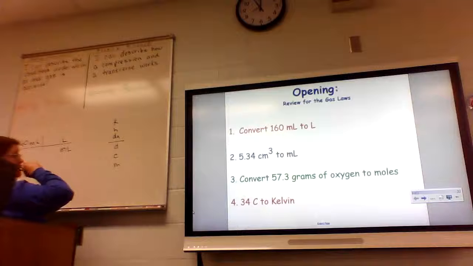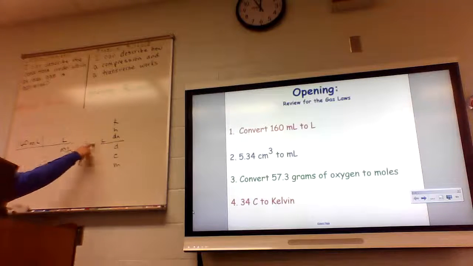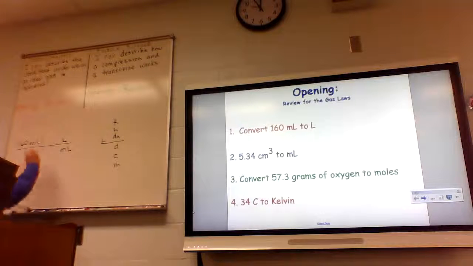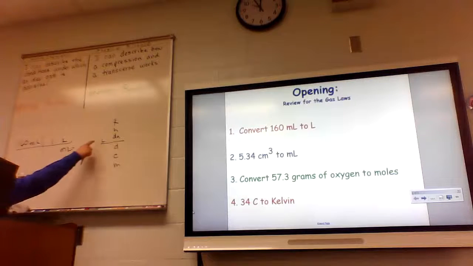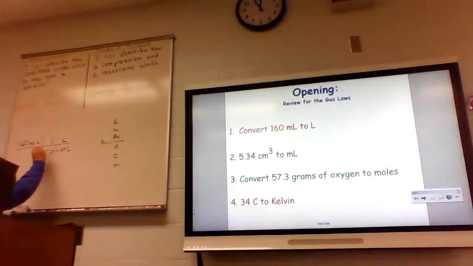For those of you who have forgotten, liters sits on the baseline. Who's bigger, a liter or a milliliter? A liter. We put a 1 with a liter. 1, 2, 3 spaces. 3 spaces is 3 zeros and a 1. So 160 divided by 1,000 is 0.16 liters.